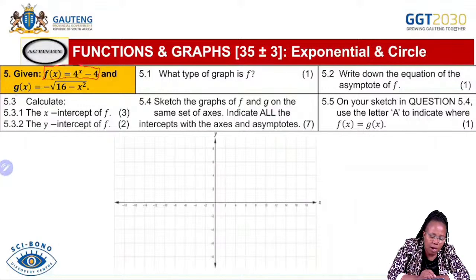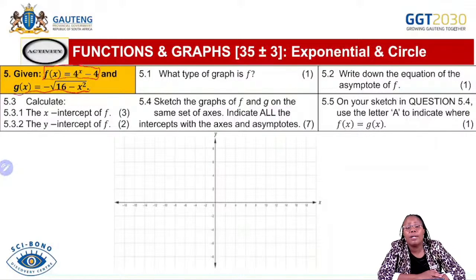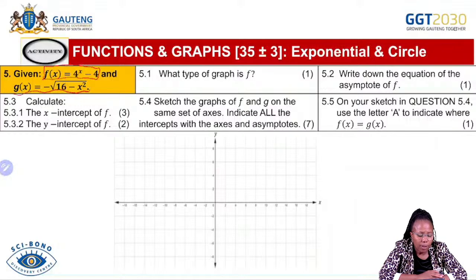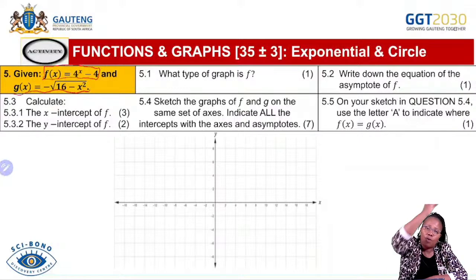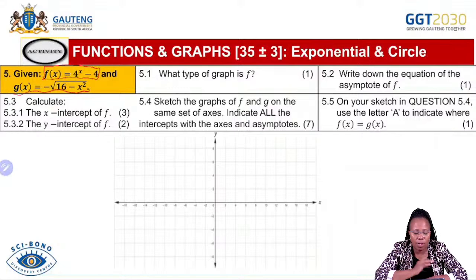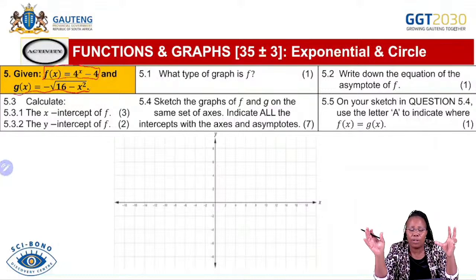Then looking at g(x), since there's a square root, this one is a circle, x squared plus y squared equal to r squared, because x is squared, and with the square root it comes from the y side. That is why we are having a square root. Now we understand we are working with a circle and an exponential.